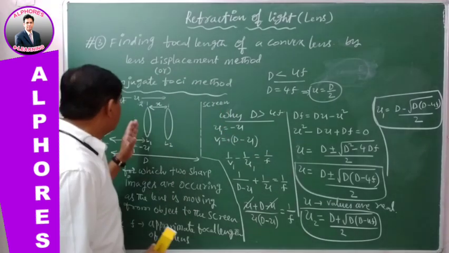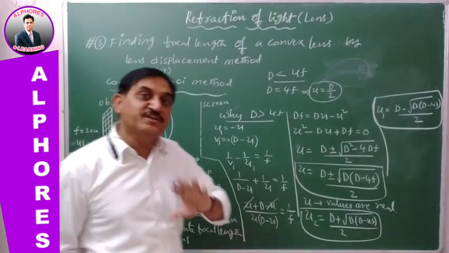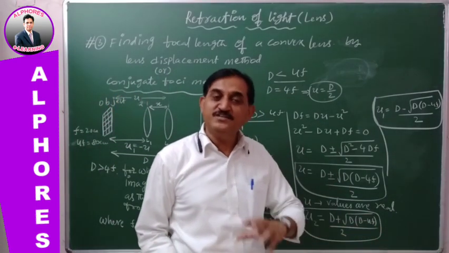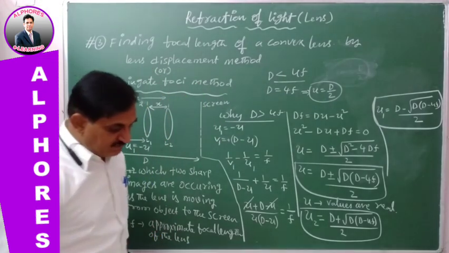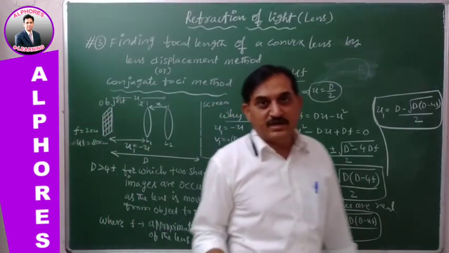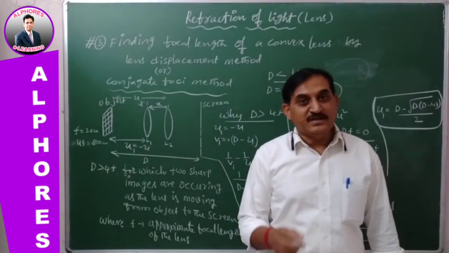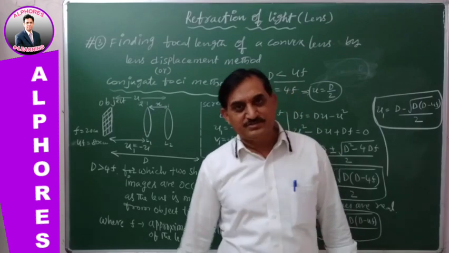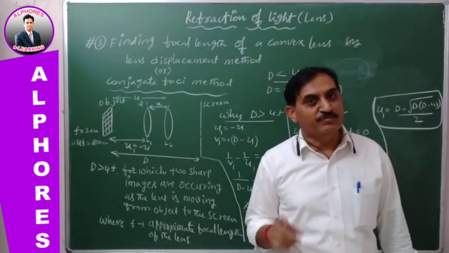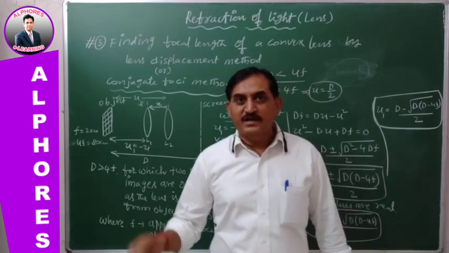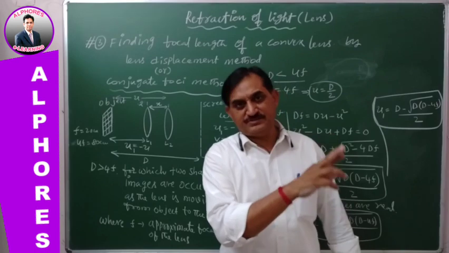These two different corresponding positions are said to be conjugate foci. Conjugate foci means, what is a conjugate foci? Here there are a set of points. Listen carefully. There is a set of points on the principal axis of a lens where the object and the image distances are interchanged.